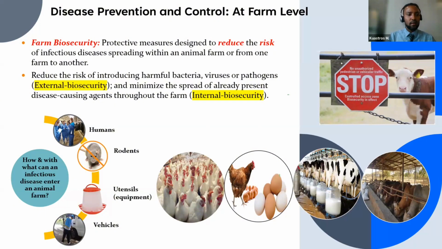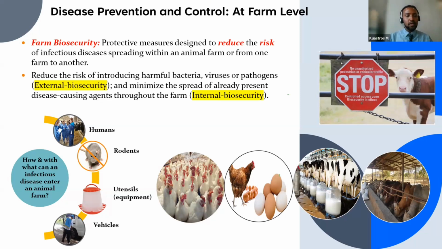Biosecurity reduces the risk of introducing resistant pathogens. We call it external biosecurity when it prevents the entrance of resistant pathogens into a farm. Another is internal biosecurity, which limits the spread of resistant pathogens within the farm or from inside the farm to outside.